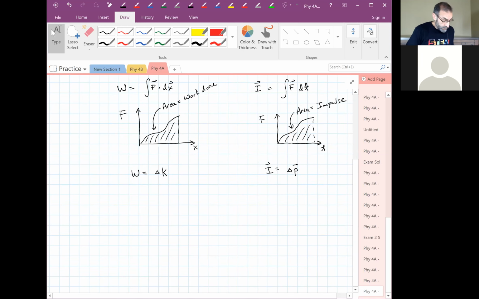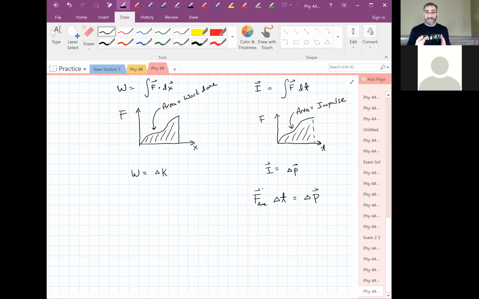We could also view it as the average force, F average. And we know that there's going to be a certain change in momentum.